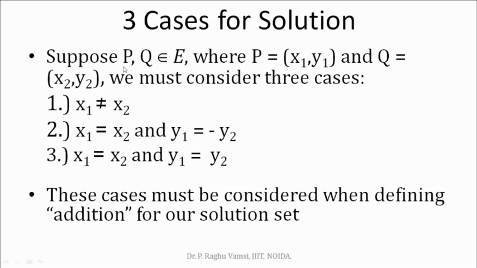Suppose P and Q are points that belong to the elliptic curve, where P is equal to x1, y1 and Q is equal to x2, y2. The addition of P and Q is not straightforward like our normal 2-dimensional coordinate geometry. There is a specific procedure with which we are supposed to do these addition operations.